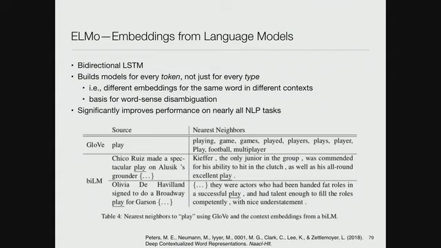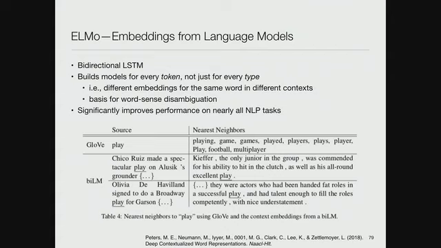So this is just an example. If you look at the word play in GloVe, which is a slightly more sophisticated variant of the Word2Vec approach, you get playing, game, games, played, players, plays, player, play, football, multiplayer. This all seems to be about games, because probably from the literature that they got this from, that's the most common usage of the word play. Whereas using this bidirectional language model, they can separate out something like Kiefer, the only junior in the group, was commended for his ability to hit in the clutch as well as his all-around excellent play.